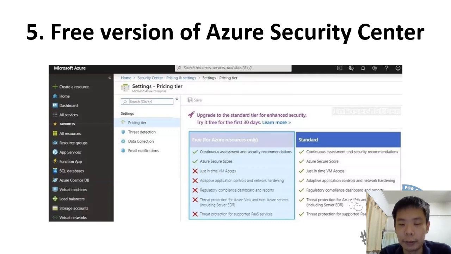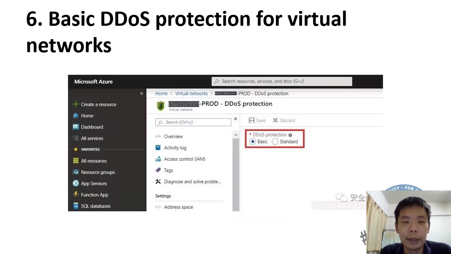Number 6, basic DDoS protection for virtual network. Compared with basic DDoS protection, enhanced standard DDoS protection provides the following additional defense measures: near real-time telemetry and traffic monitoring, continuous attack alerts and notification, adaptive adjustment and flaw analysis, detailed attack analysis.